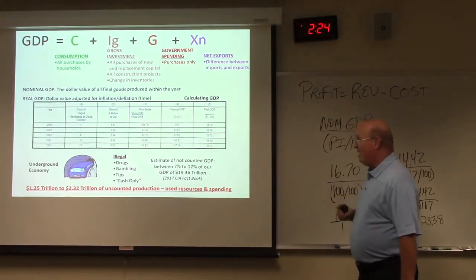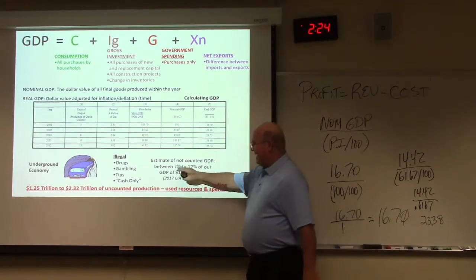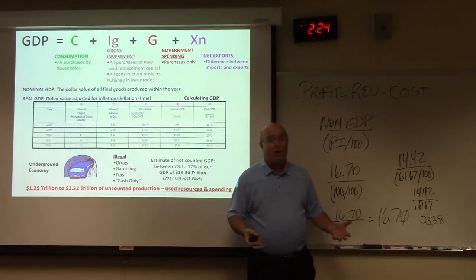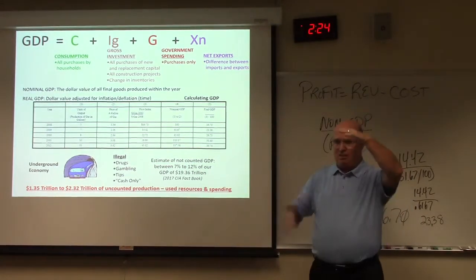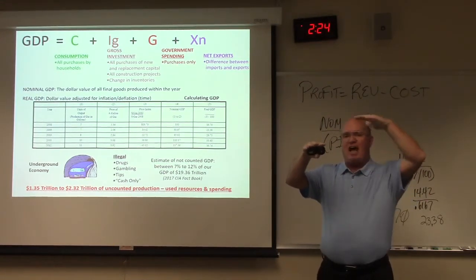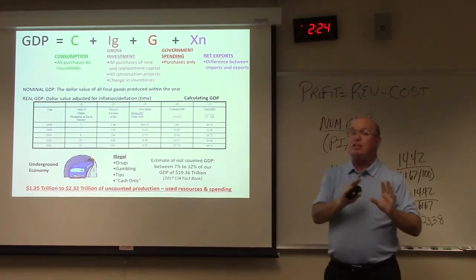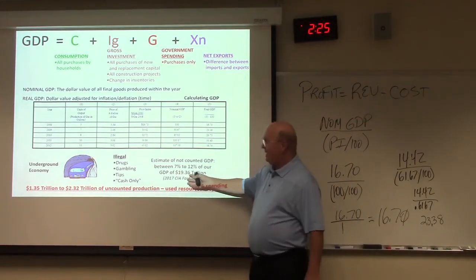Okay? Now, by the way, the underground economy is estimated to be 7 to 12% more than the economy that's reported. So right now, our economy is a little bit below our debt. But if you count the underground economy, the GDP is still higher than our debt, which is a good thing. And again, how do you figure it out?